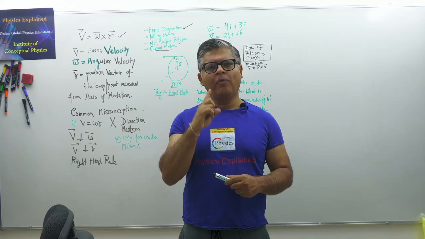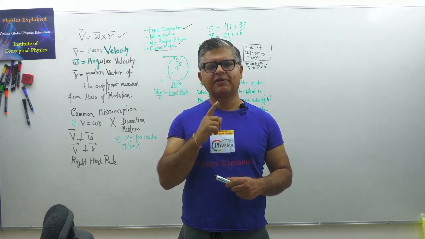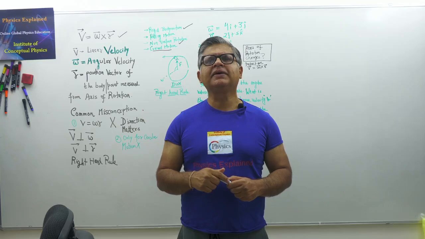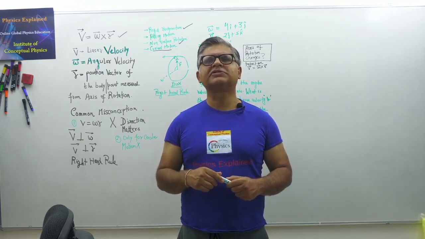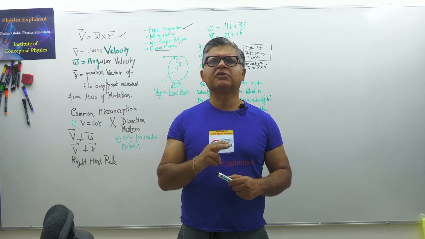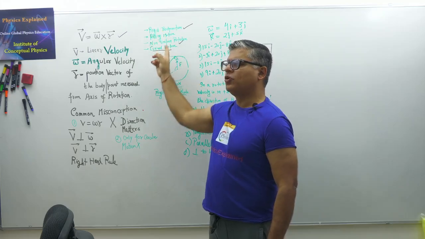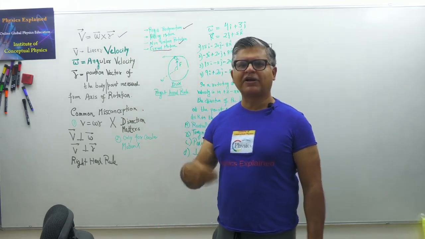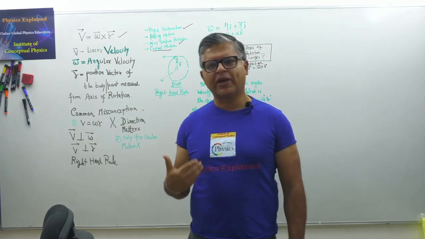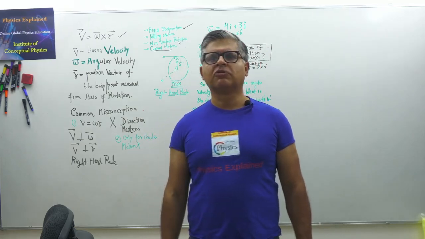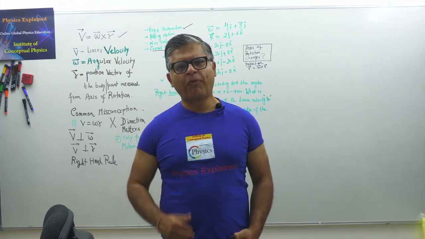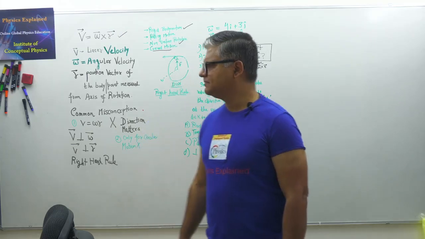V equals omega cross R. Correct. I will apply V equals omega cross R only to uniform circular motion. No. You will apply it to the given situations apart from uniform circular motion. Yes, you can apply it to uniform circular motion too, which is the point I am coming to now.